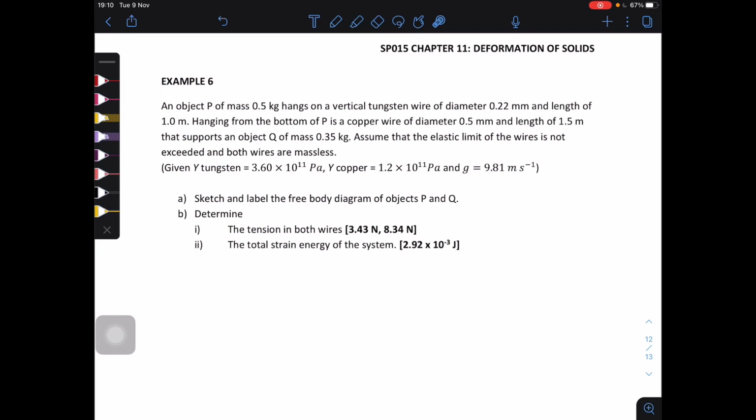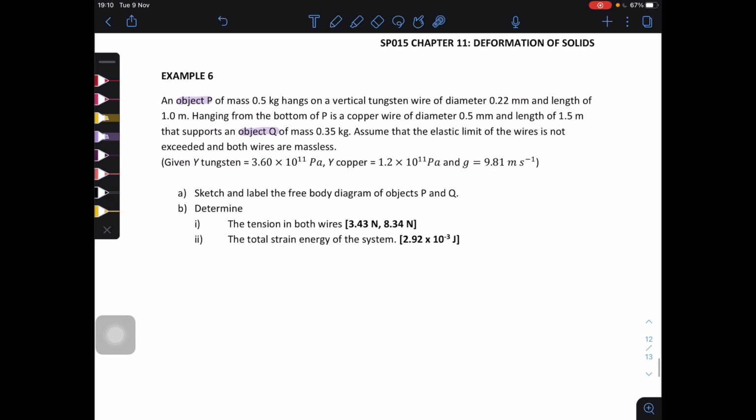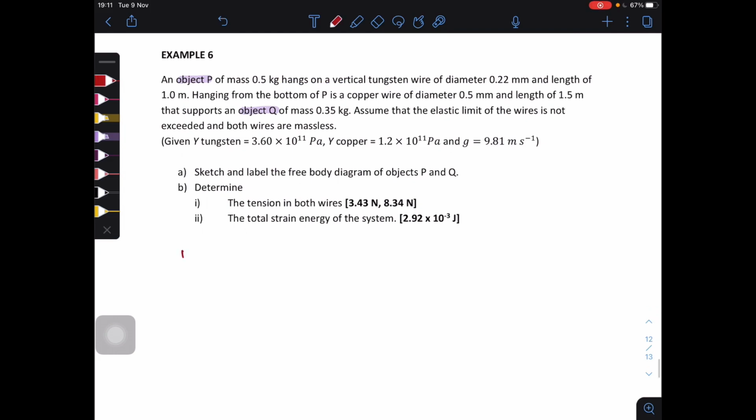Okay, first of all, we need to draw the diagram. Okay, sekarang ni kita ada dua objek, which is object P dan object Q. Okay, first we have object P, which hangs on a vertical tungsten wire. Okay, so let's say this is the support beam.